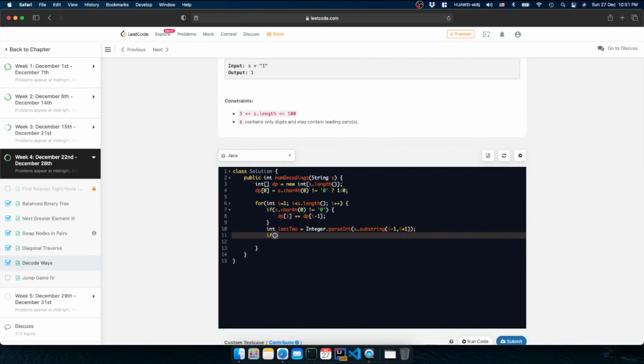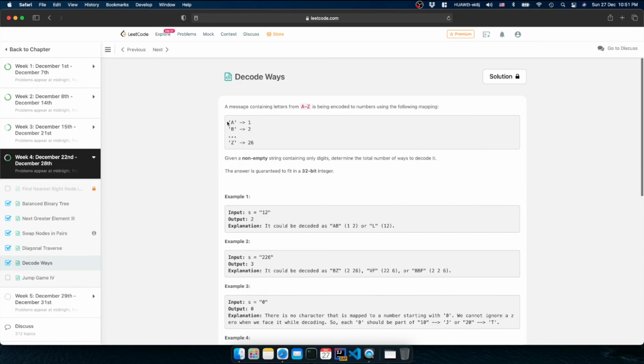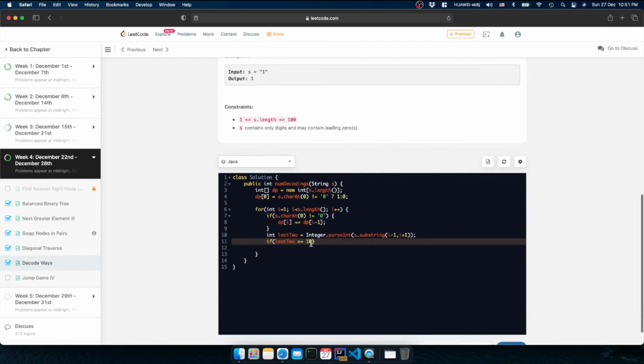So now our condition will be, because these are two digits and as per our encoding table we have characters from 10 to 26, so we'll say the same thing, and the last two is less than 26, right?